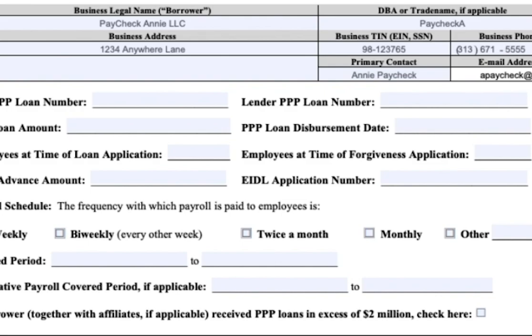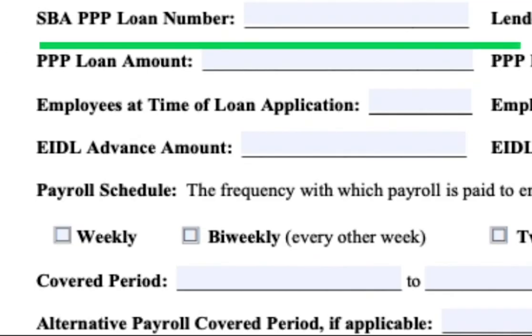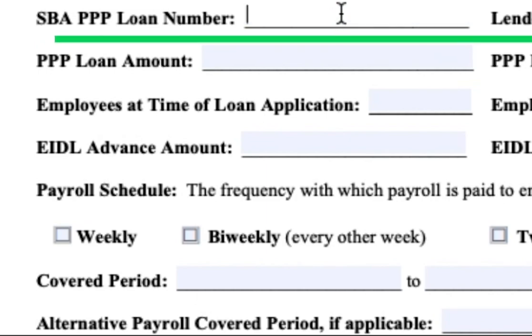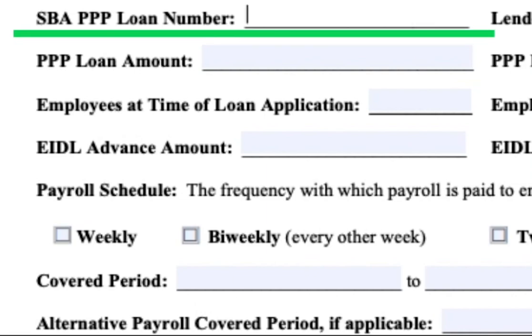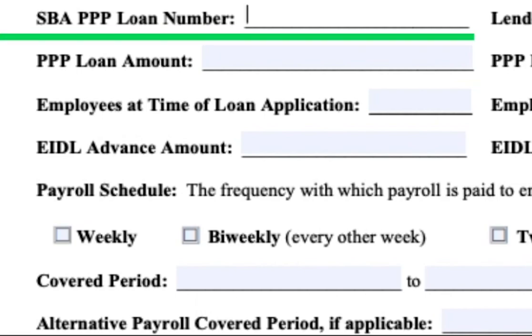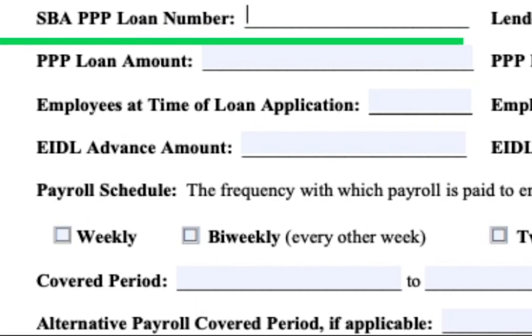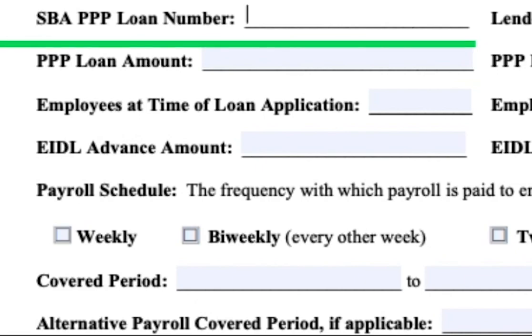So this next section is the SBA PPP Loan Number. You're asking, what is that? If you don't have this information, you need to contact your lender. It actually should have been in your loan documents, you should have received an SBA loan number, okay?